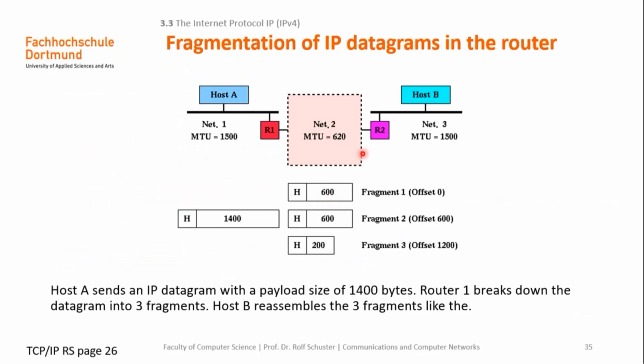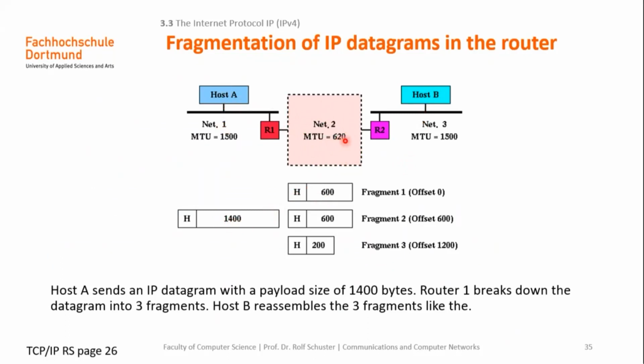In this example, for instance, host A sends a datagram of 1,400 bytes to host B across this network, where in the middle we have a link with an MTU of 620 bytes. Then why 620 bytes?